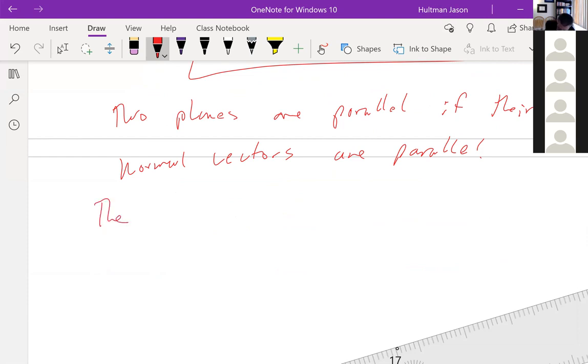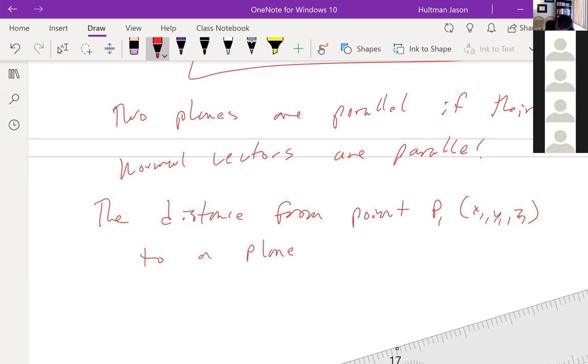The distance from point P1, x1, y1, z1 to a plane ax plus by plus cz plus d is equal to 0.